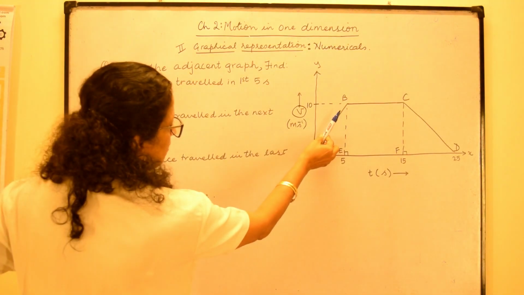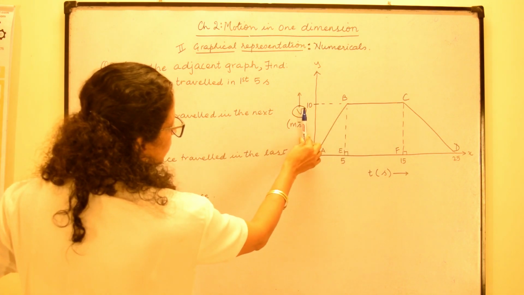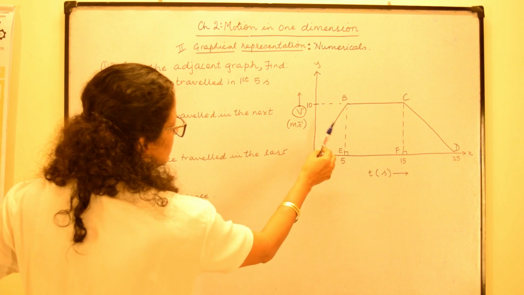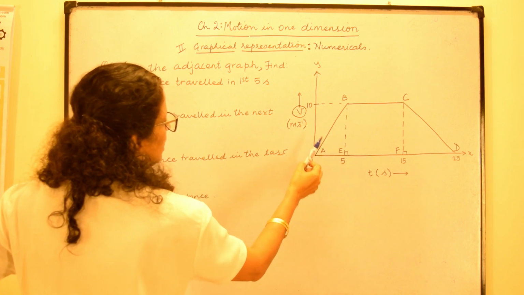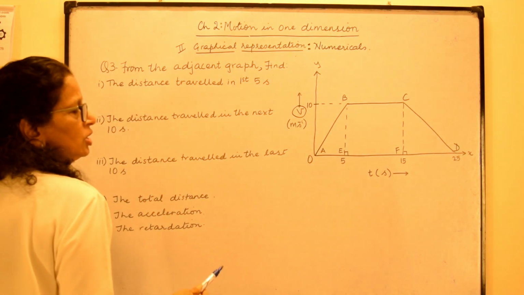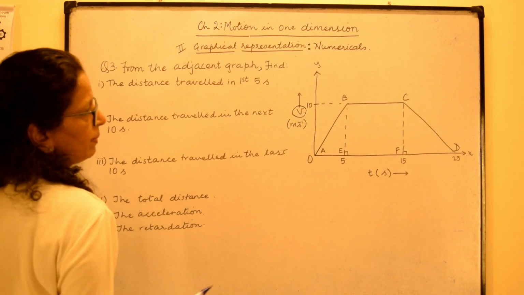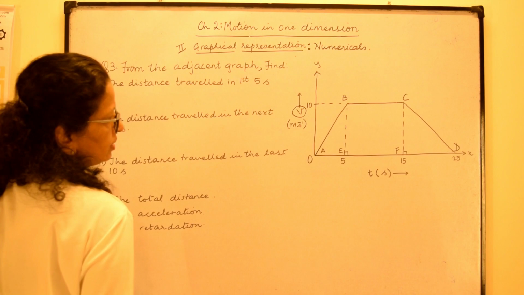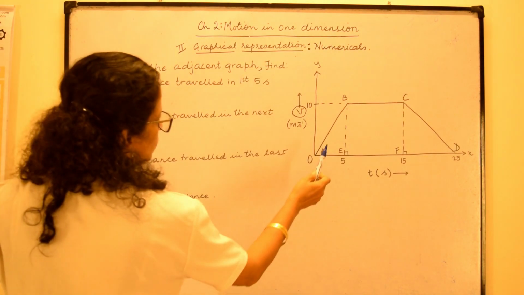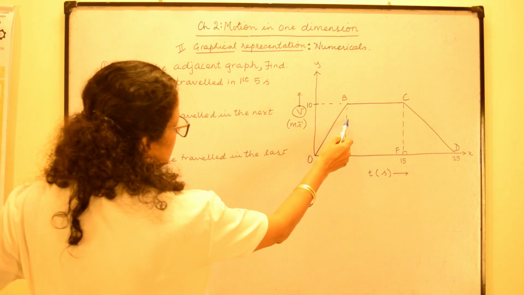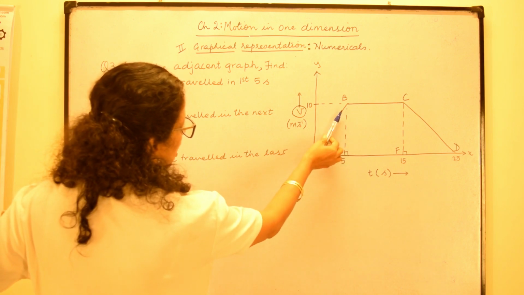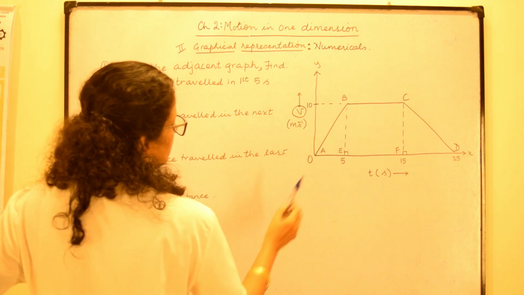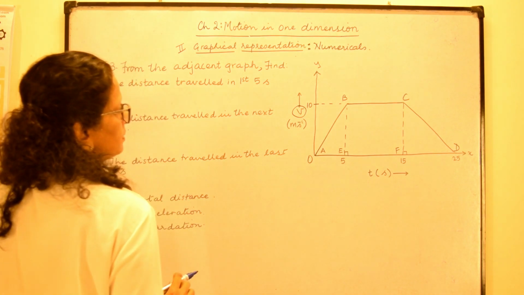The slope will give us delta y upon delta x, that will be delta v upon t, and delta v becomes what? Change in velocity upon time becomes rate of change of velocity. So the slope gives you acceleration, and also the area that is between the graph and the x-axis, that will give you v into t, and that will be the displacement.